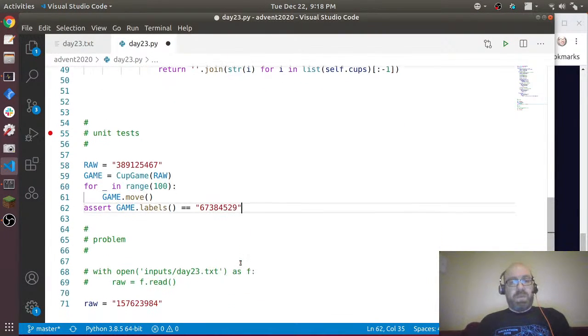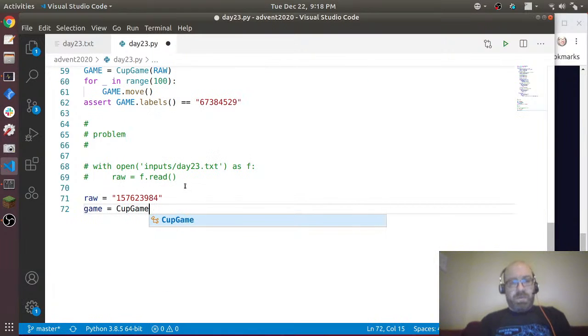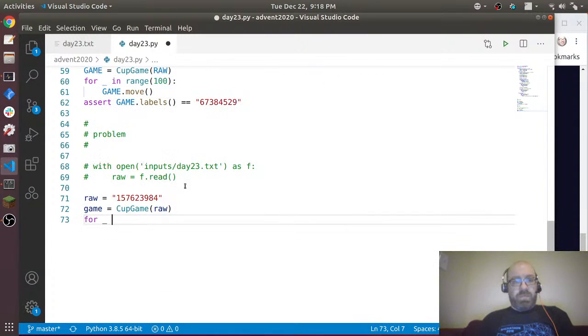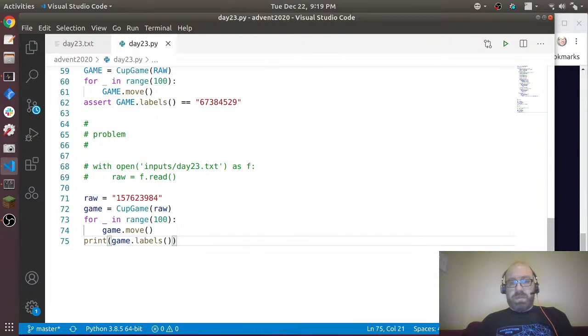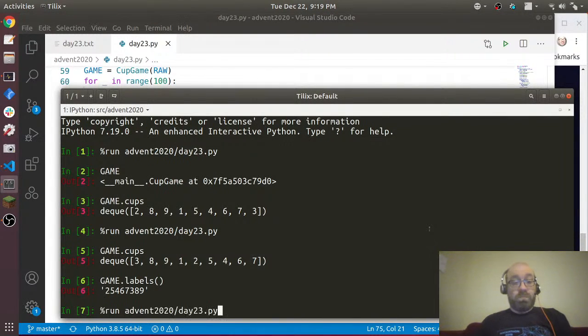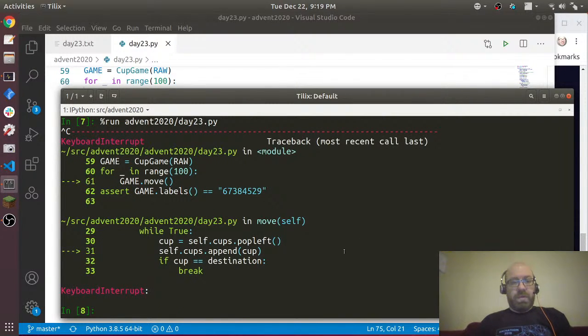Okay, and so now here we have this, and game equals CupGame of raw, for blank in range 100 game.move and print game.labels. Okay, so let's try it. Okay, well that's pretty broken.